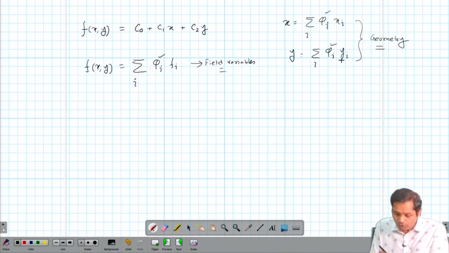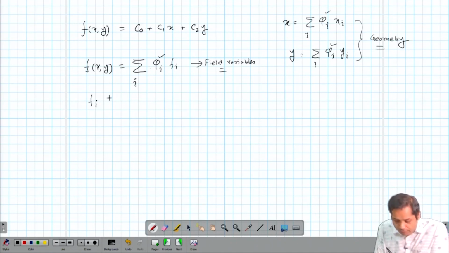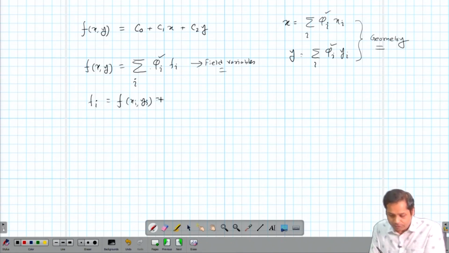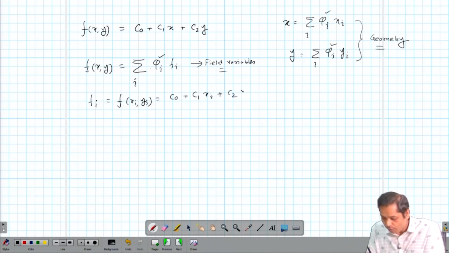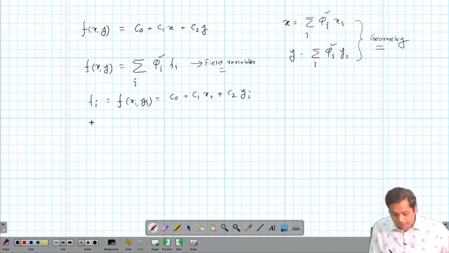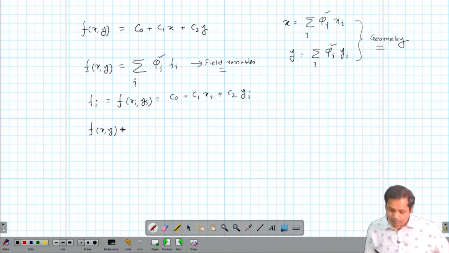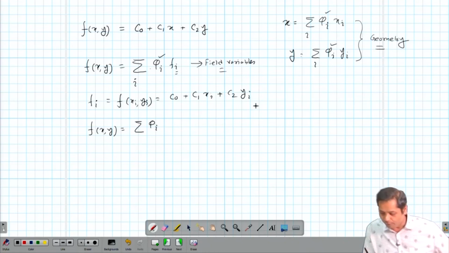Now, if we do that, let us write phi x. What is phi I? Phi I will be phi at xi and yi. And this will be equal to C0 plus C1 xi plus C2 yi. So, fxy is equal to summation over phi I and then fi, which can be obtained from this, that is C0 plus C1 xi plus C2 yi.